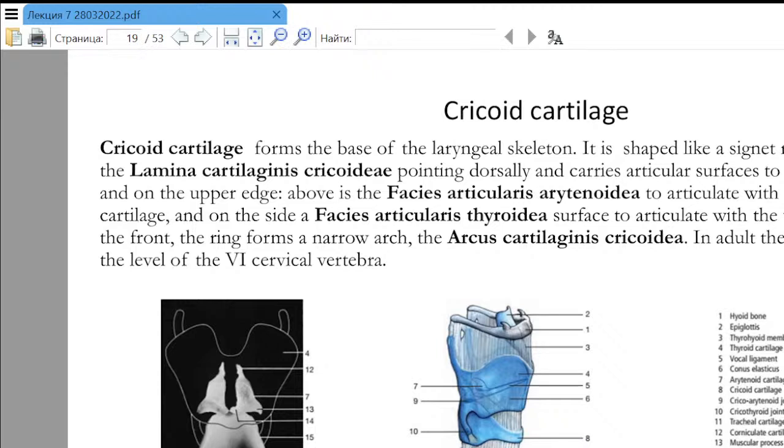Above is the facies articularis arytenoidea, to articulate with the respective arytenoid cartilage, and on the side the facies articularis thyroidea, the surface to articulate with the thyroid cartilage.